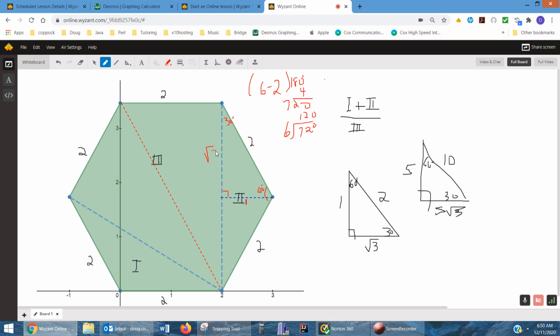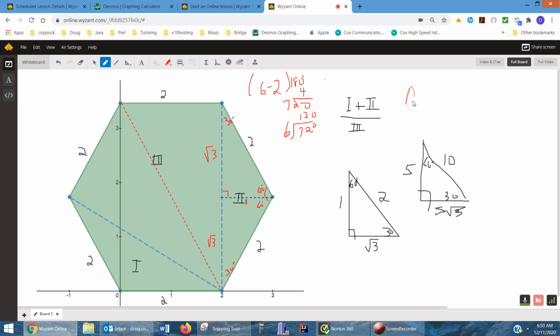And so I can do that here too, because this is 60 and this is 30. So if I look at this big triangle, triangle number 2, it has a base of 2 radical 3. Radical 3 plus radical 3 is 2 radical 3.